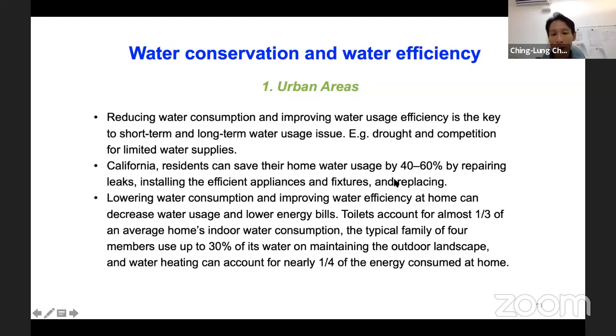So they say they can save home water usage by 40 to 60% by installing efficient appliances. I think this phenomenon we can see in all families.